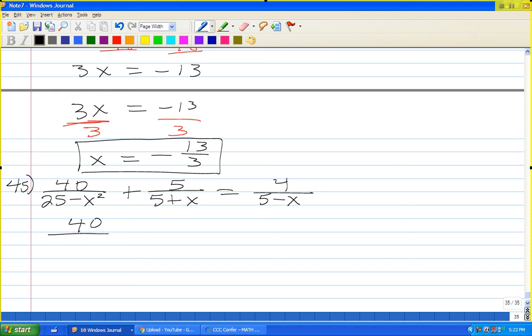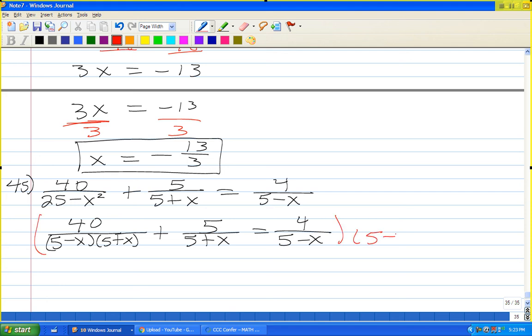It's the difference of squares. So by the special product formula, 5 minus x, 5 plus x. 5 over 5 plus x, 4 over 5 minus x. Let me multiply both sides of my equation by 5 minus x, 5 plus x.